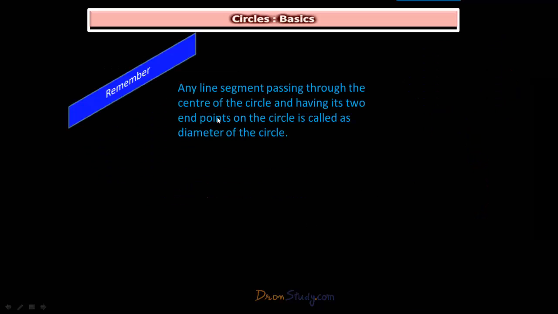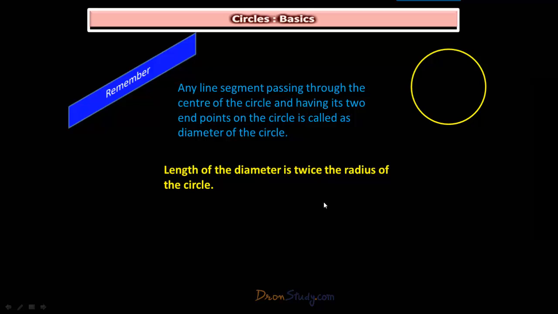Now the next is any line segment passing through the center of the circle and having its 2 end points on the circle is called the diameter of the circle, and the length of the diameter is twice the radius of the circle.